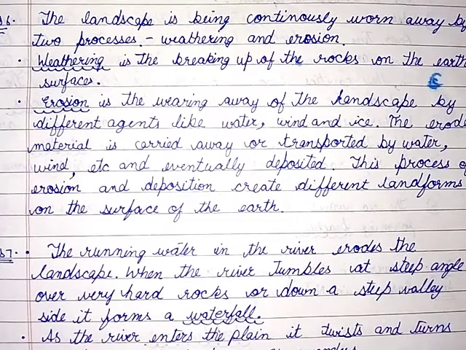Erosion is the wearing away of the landscape by different agents like water, wind, and ice. The eroded material is carried away or transported by water, wind, etc. and eventually deposited. This process of erosion and deposition creates different landforms on the surface of the earth.